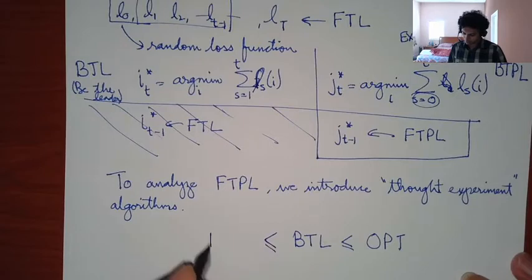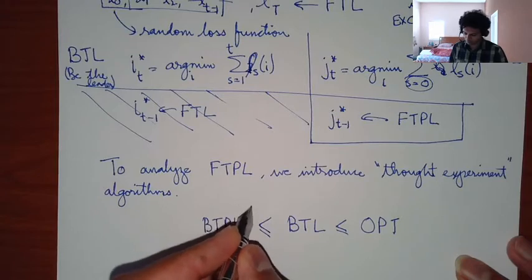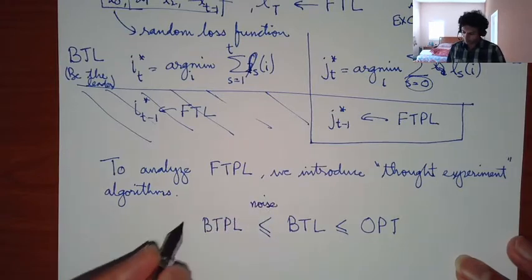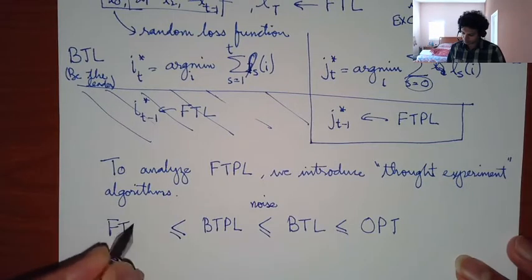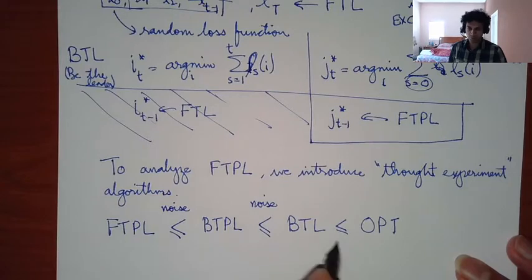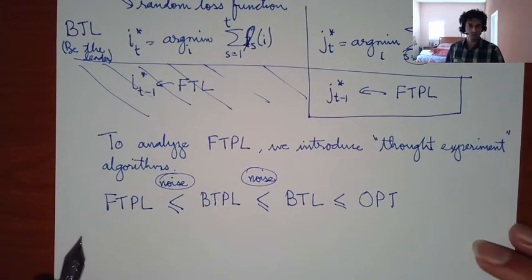Then we argue that BTPL is going to be less than this, but there's going to be some noise here. BTPL is going to be similar to FTPL, but there's going to be some noise. This is going to be exact, but here there's going to be noise. And then a trade-off between the noises is going to give us the full result.